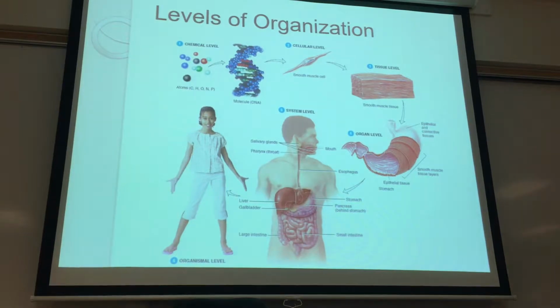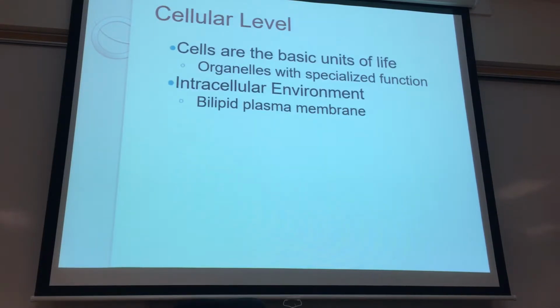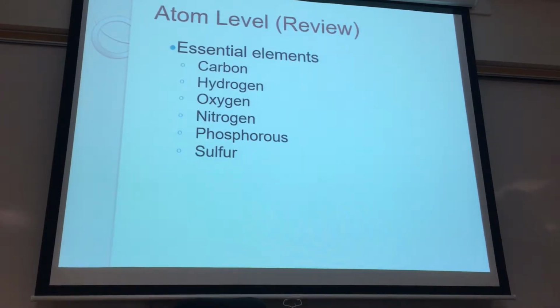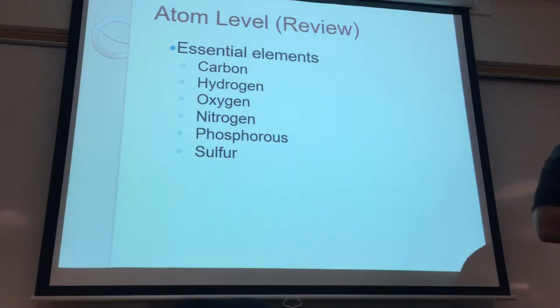So with that, we're just going to review. We're going to talk about things that happen on the atom level, chemical level, cellular level, and so forth. Starting with the atom level, we'll be able to see the essential elements, some stuff that we'll talk about later on. Don't stress too much about these, but like I said, we'll go into this in later detail.